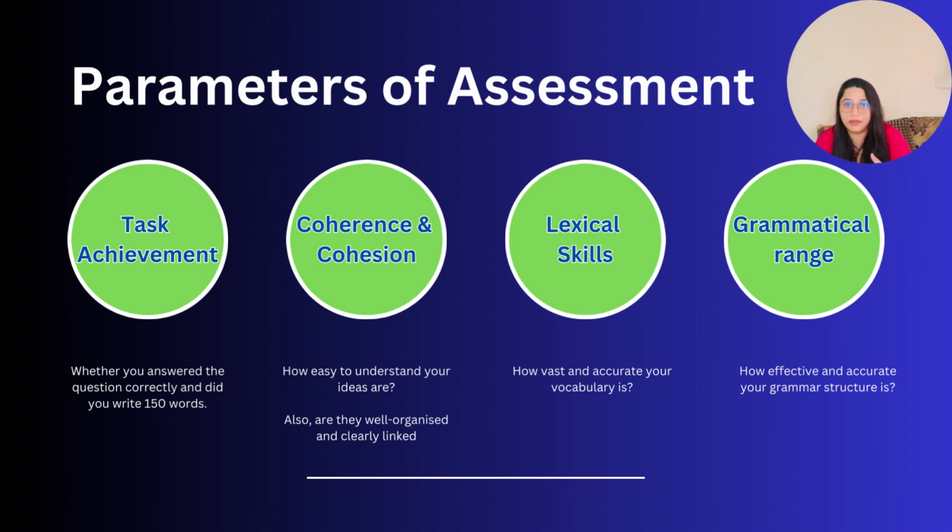Now, the 4th parameter is grammatical range. Grammatical range means, it's pretty clear, how good you are at grammar. So you need to have proper knowledge of tenses, verbs, and most importantly, the sentence structures you're using have to be grammatically correct. Sentence structures are of different types, which is an in-depth topic for a different time.